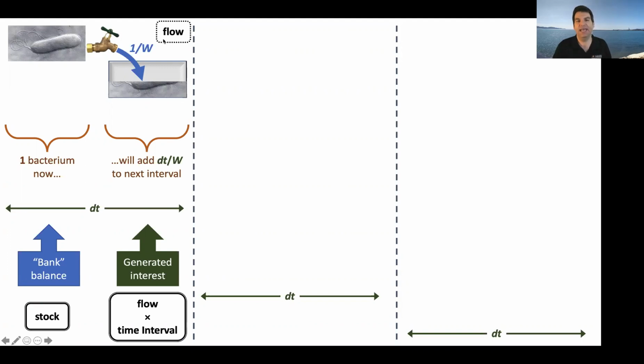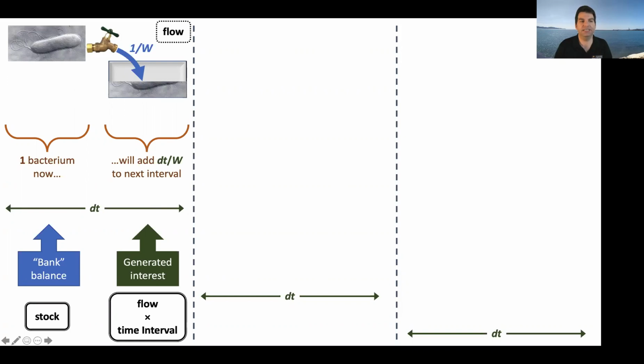This is saying that at every instant of time, there is going to be this change in how many bacteria you have. And so for every bacteria, you are going to get an increase in bacteria at a rate of 1/W. Now, we need to figure out how much that flow would contribute in our compounding period.